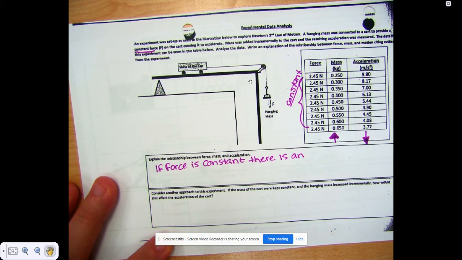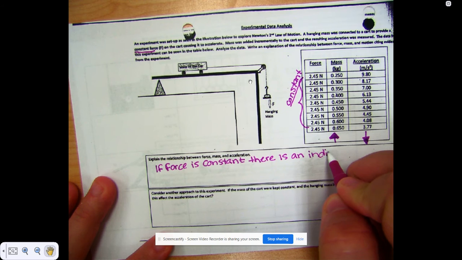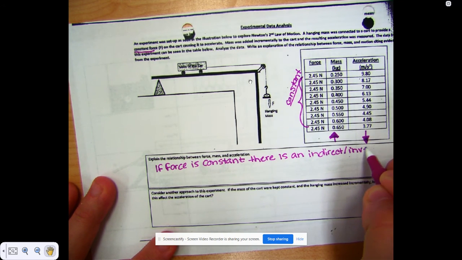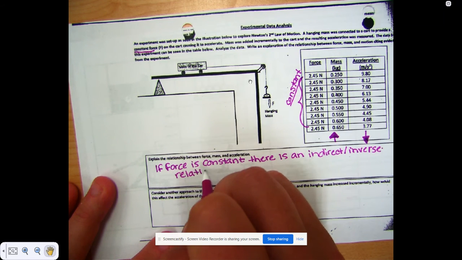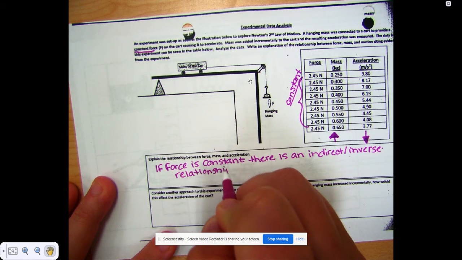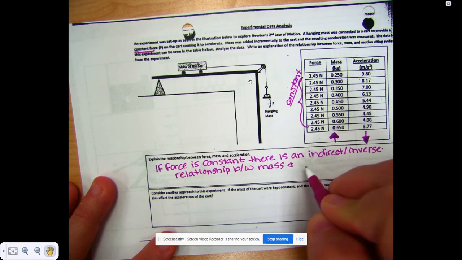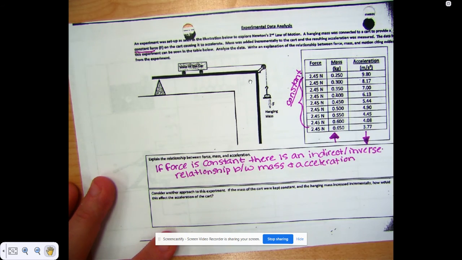That means there is an indirect / inverse relationship between mass and acceleration. So what that means is as my mass increases, the acceleration decreases.